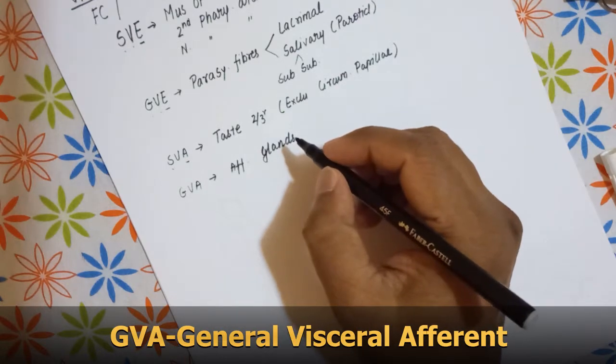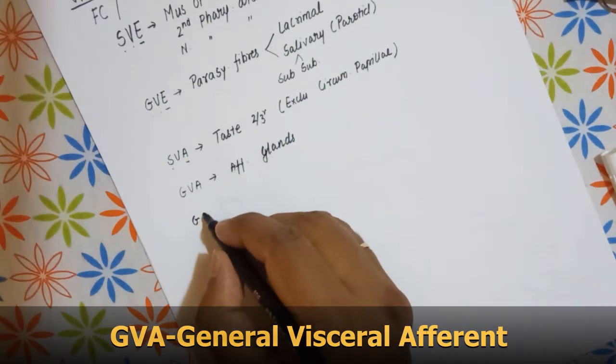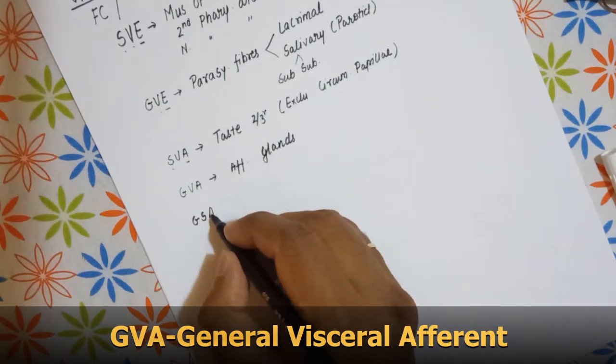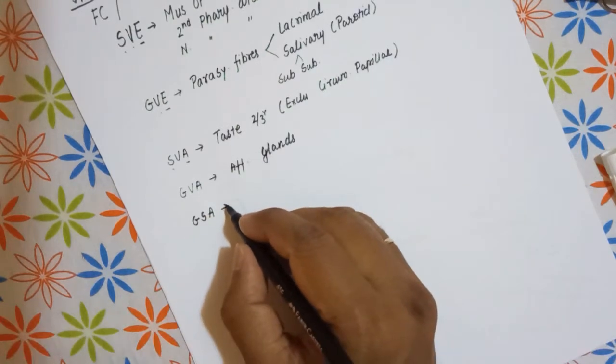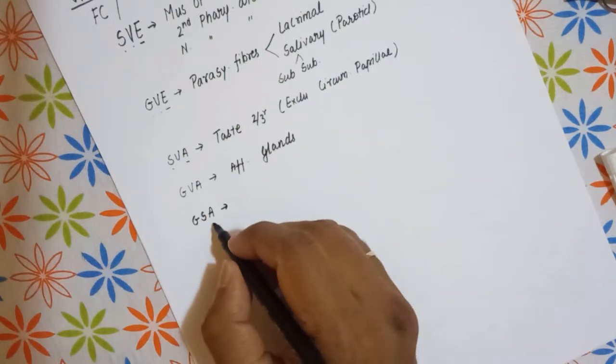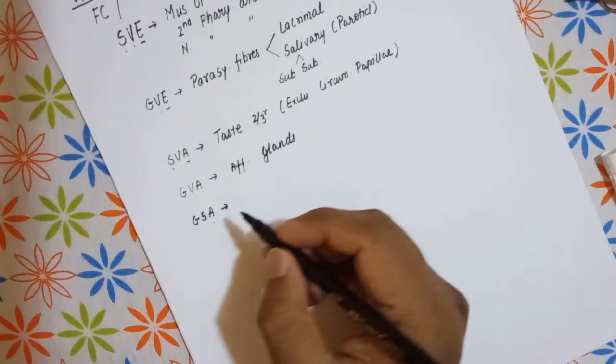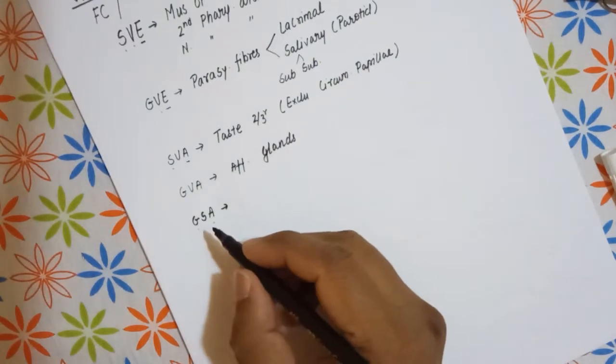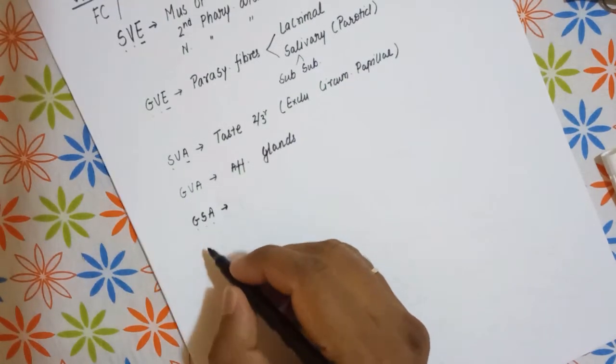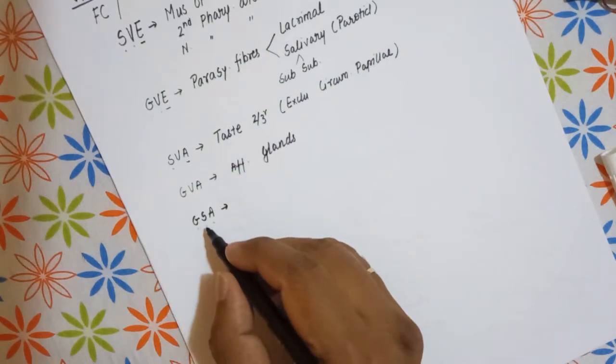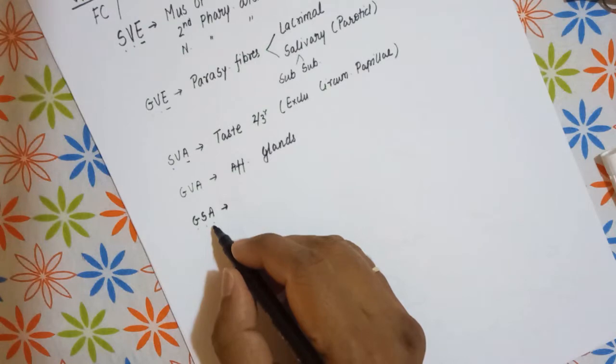Then we have the general somatic afferent column. This is afferent, so going towards the brain, and it takes general somatic, meaning body, sensation from the skin, from the area where the facial nerve supplies.